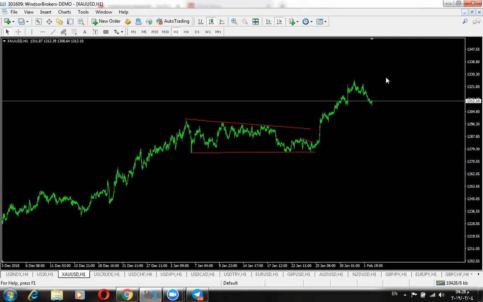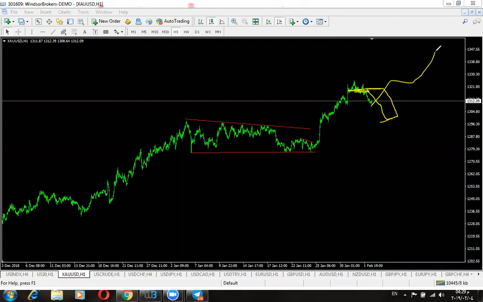Some people might take a short position from this area and tell me we have made some pips from gold. That's okay, but this will not happen every time. The price might take off anytime, and you will end up with a huge loss.